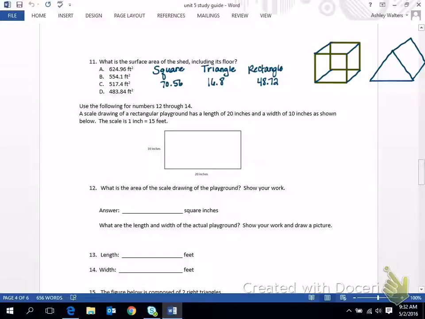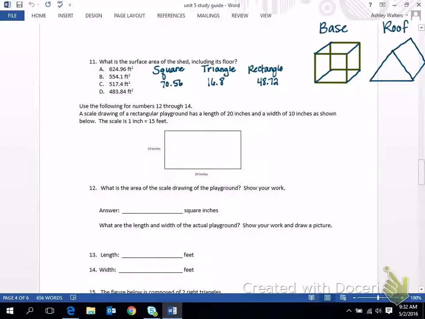The next question says, what is the surface area of the shed, including its floor? So you have to keep in mind what the area of the faces were. And then you're going to account for the numbers the right amount of times to cover all of the surfaces of the shape. So I've broken the shape down into the base, which was a cube, and the roof, which was a triangular prism.